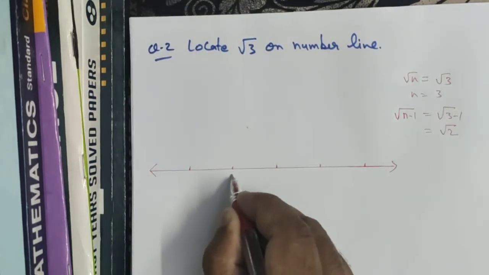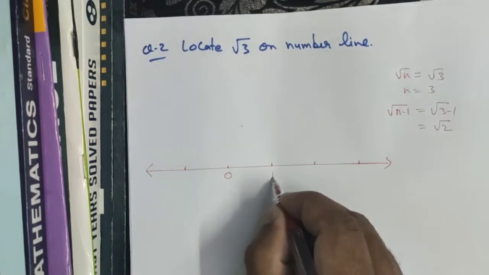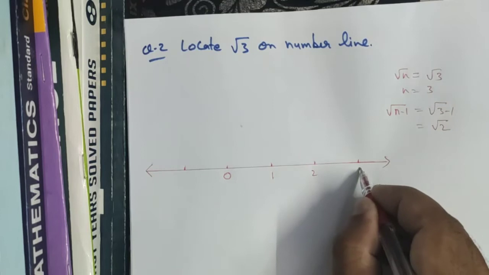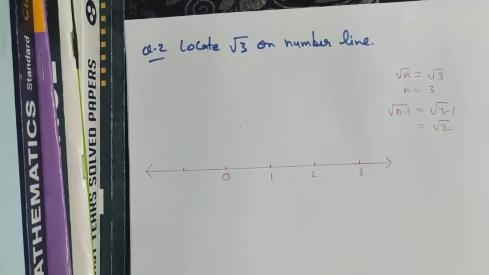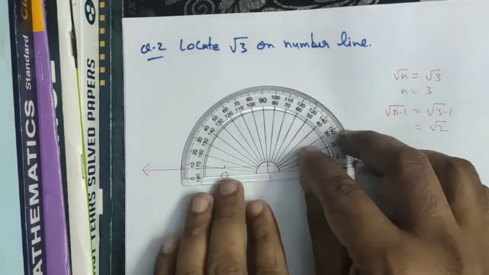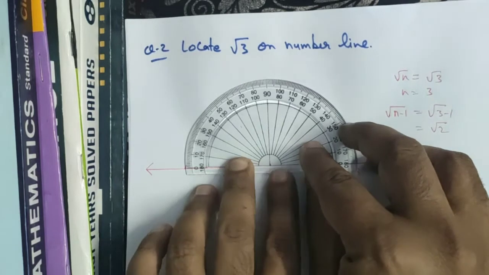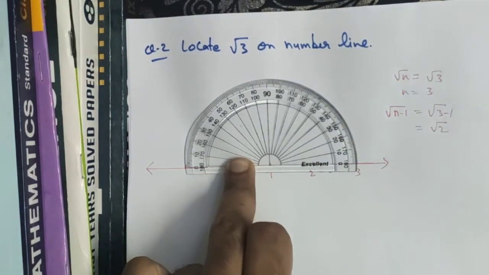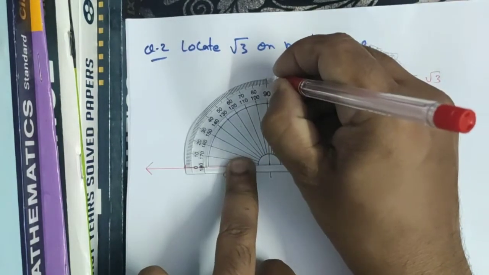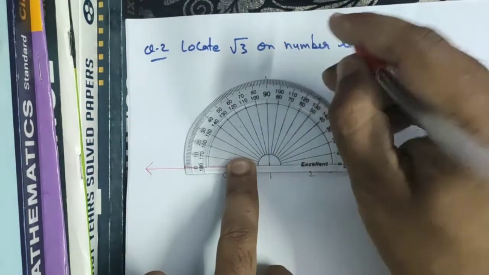Suppose this is 0, 1, 2, 3. We have to first take a measure equal to root of 2. So for representing root 2, we have to draw a perpendicular from A, where AB should be 1 unit.